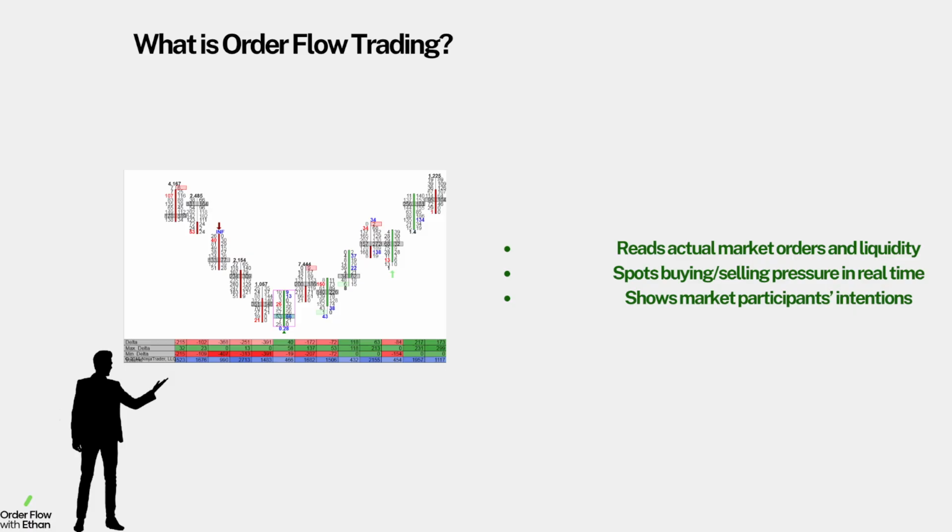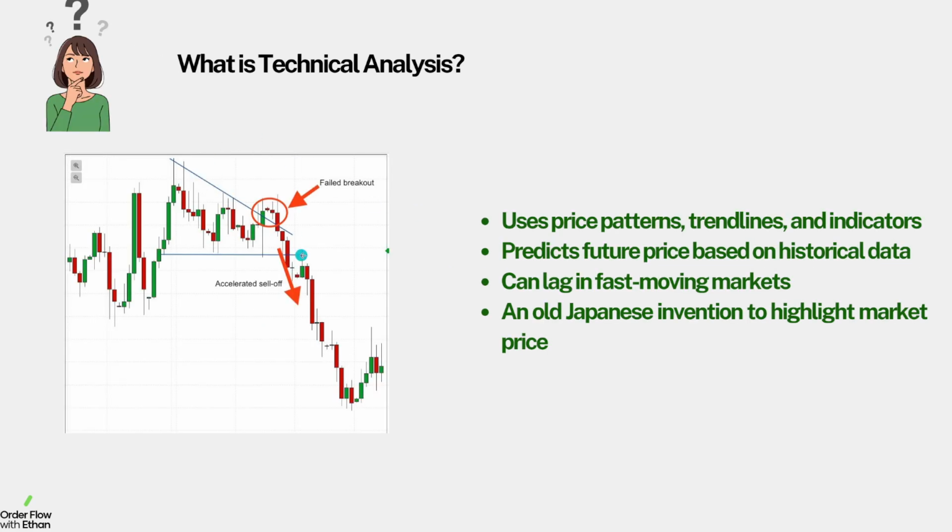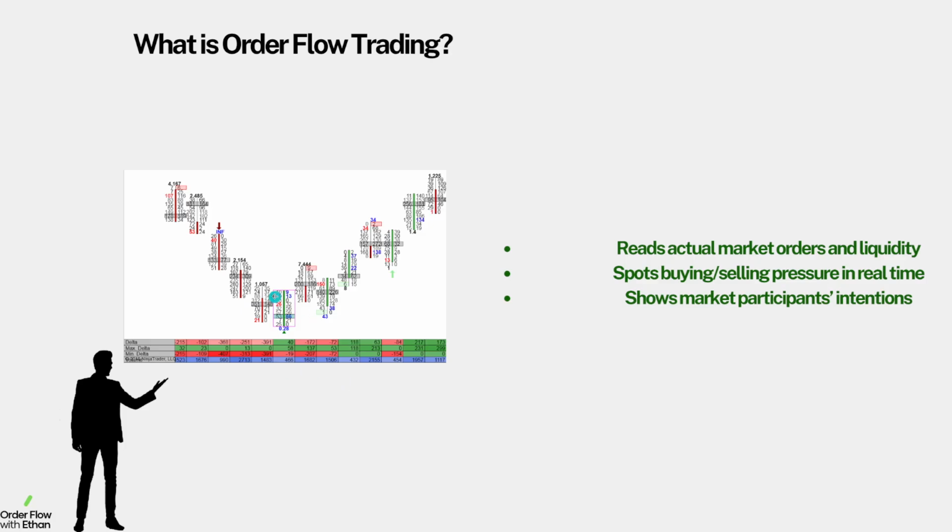Because in the end, price moves through orders, not price action, not some random trend line or something such as this. This is not making the price move. This is what moves the price. It's all the orders that get filled in here. All these numbers, as you can see, are the ones that move the market eventually. And trust me, if you want to improve your trading, this is what you should do as soon as possible.